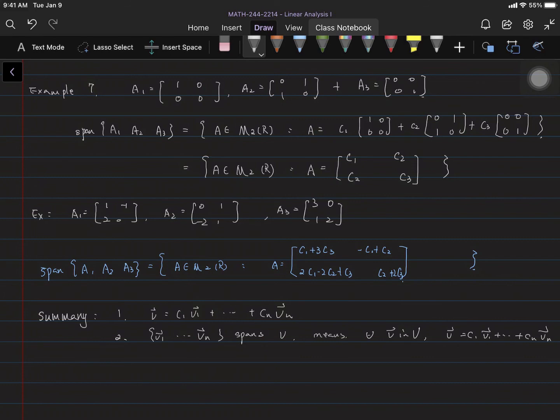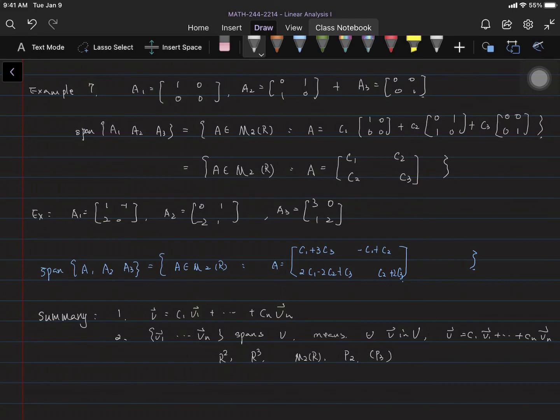And here V can be R2, R3, and maybe matrices, or also polynomials P2 or P3.